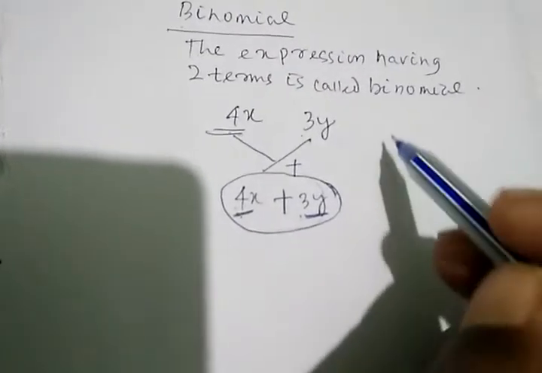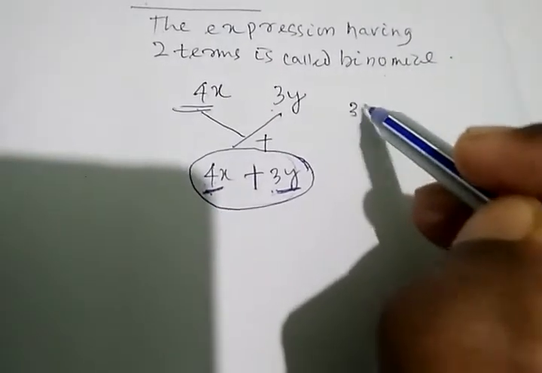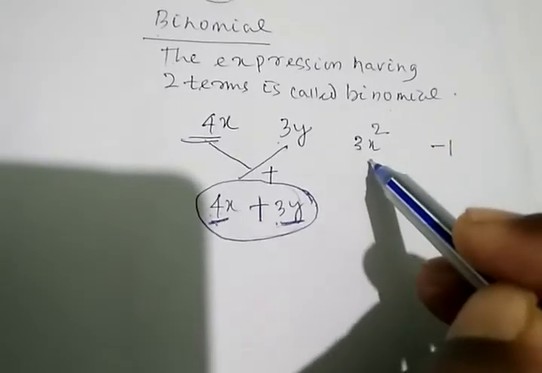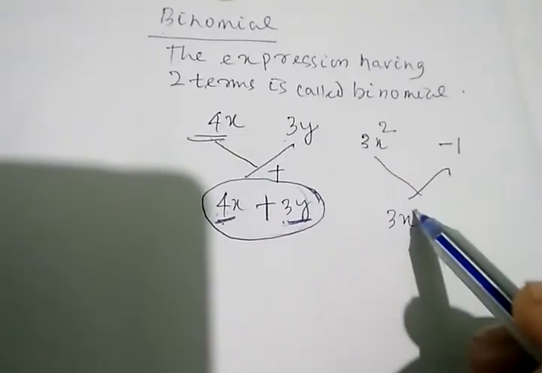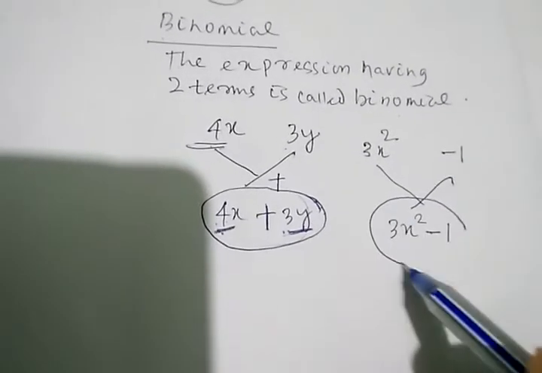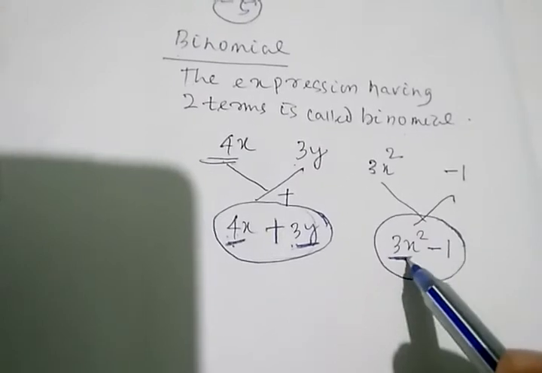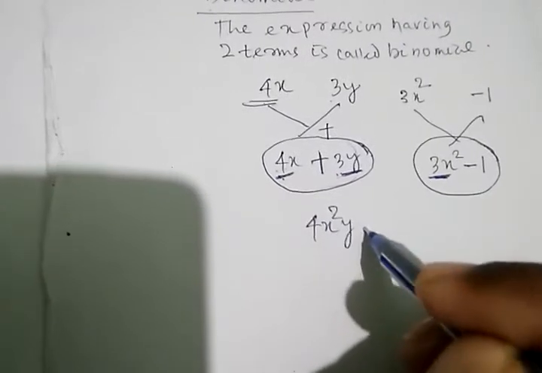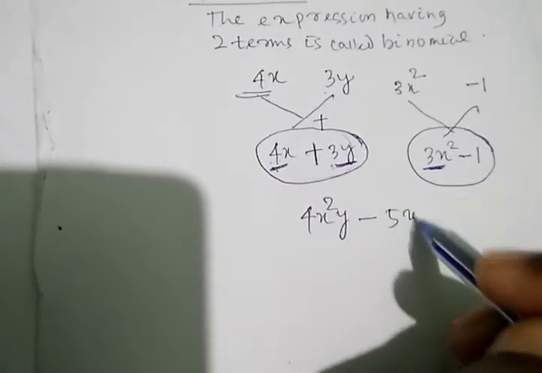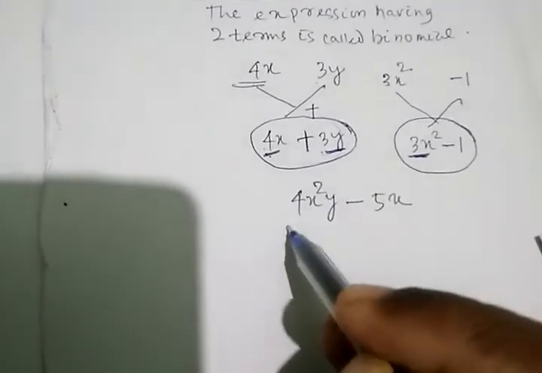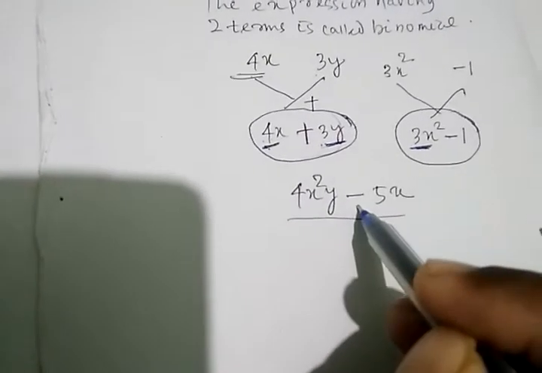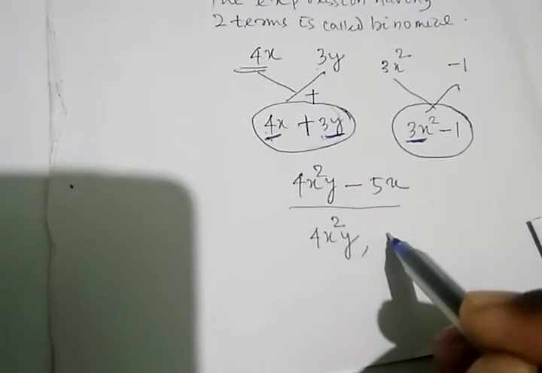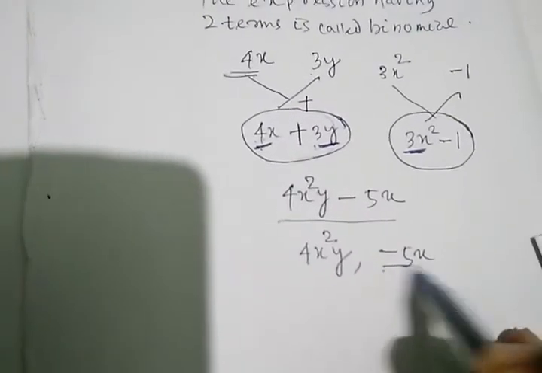Clear now? Now the second one. Suppose this is 3x square, one term. I took another monomial, minus 1, and both are added. That forms 3x square minus 1. This is a binomial because it consists of two terms. Now 4x square y minus 5x. Can you separate the terms? Yes, we can separate these two terms. One term is 4x square y and the second term is minus 5x.